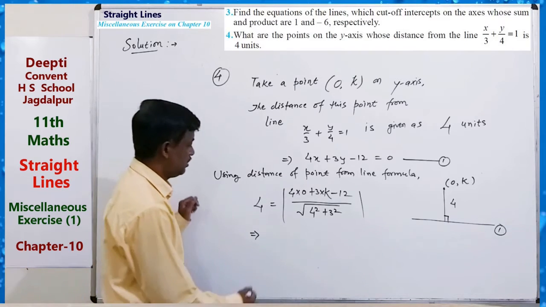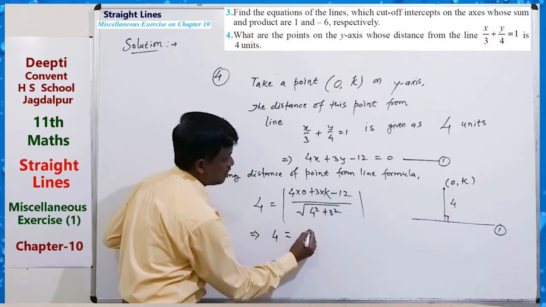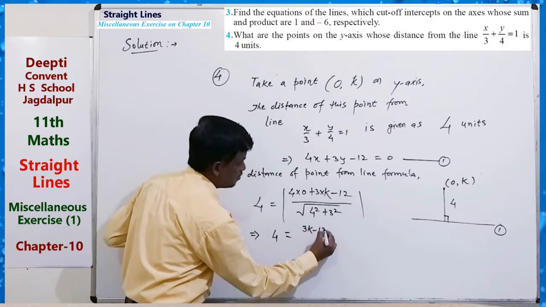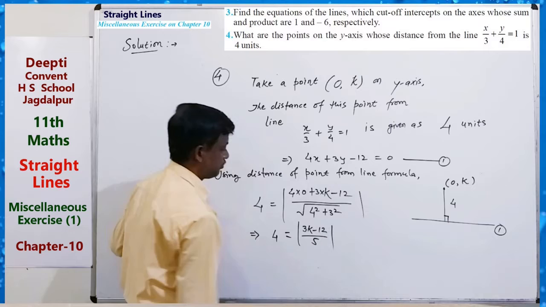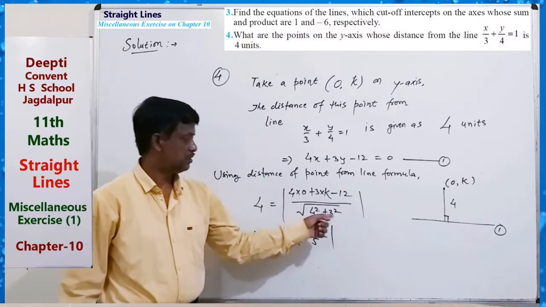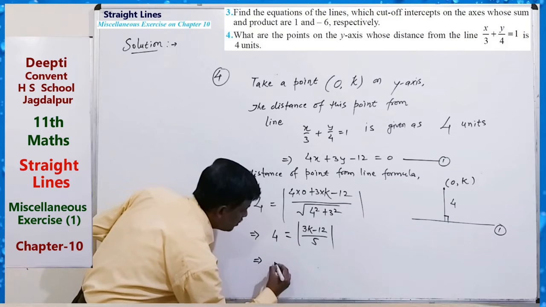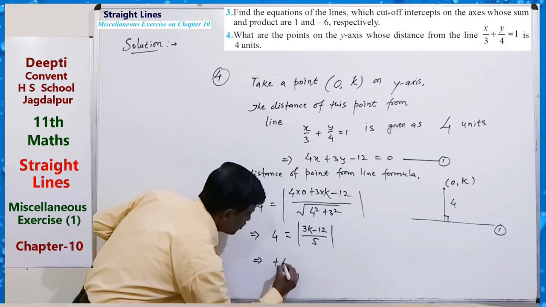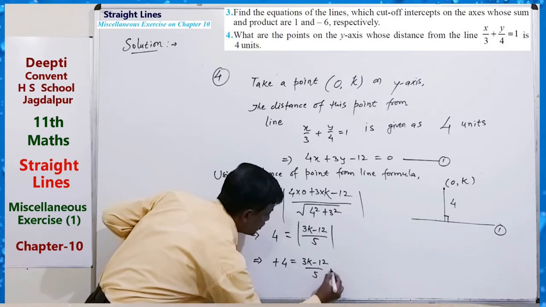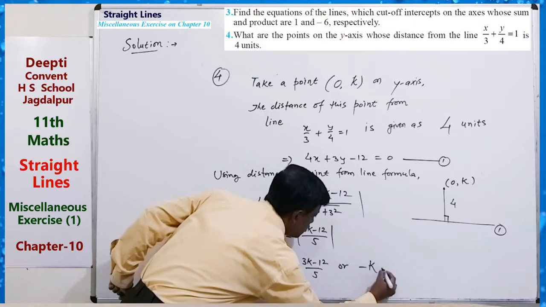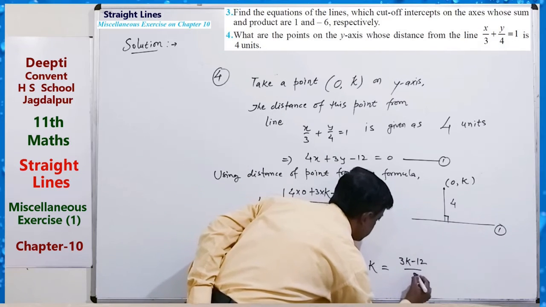So here 4 equals to modulus of 3k minus 12 upon 5, since root of 16 plus 9 is root 25, which is 5. So here the modulus sign is there. So we will get plus 4 equals to 3k minus 12 by 5, or minus 4 equals to 3k minus 12 by 5.